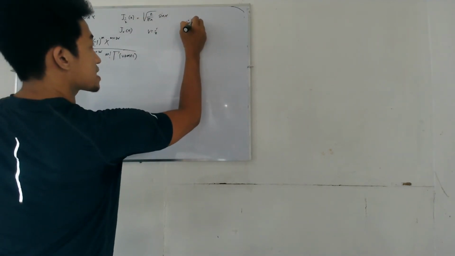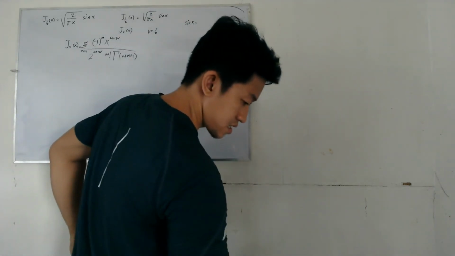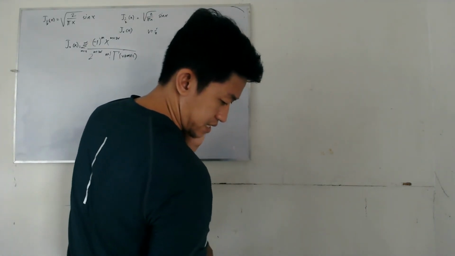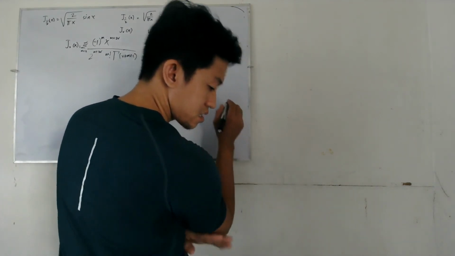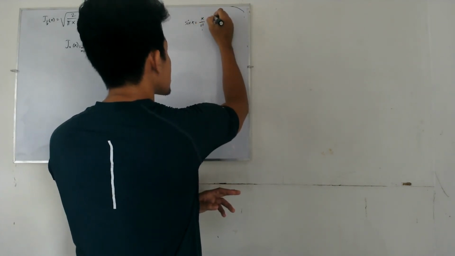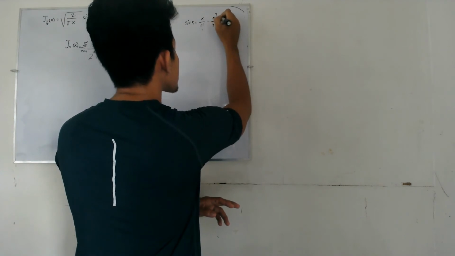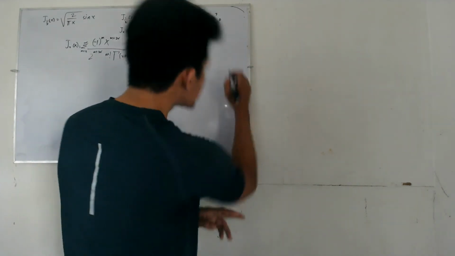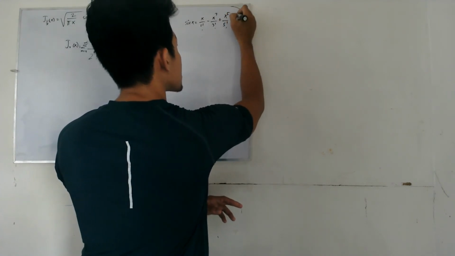Take note na sin x is, ang value ana niya is x over 1 factorial minus x cube over 3 factorial plus x to the 5 over 5 factorial minus.